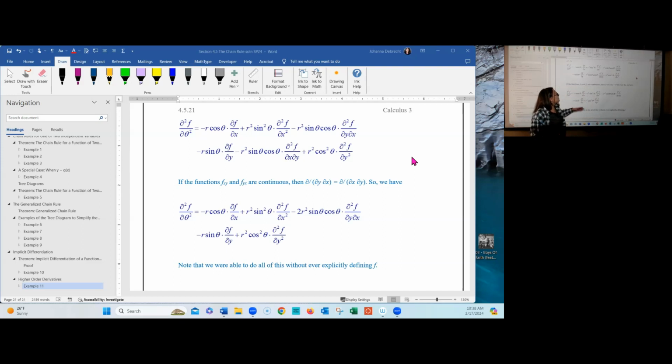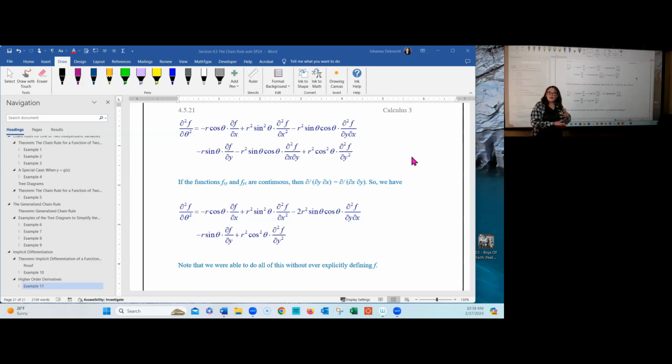In that case, because their other coefficient factors are the same, r squared sine theta cosine theta, you can combine them together into two terms, and you could use either mixed partial for your final form of the second partial derivative of the function with respect to theta both times.